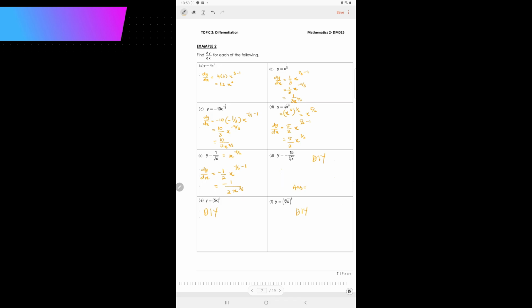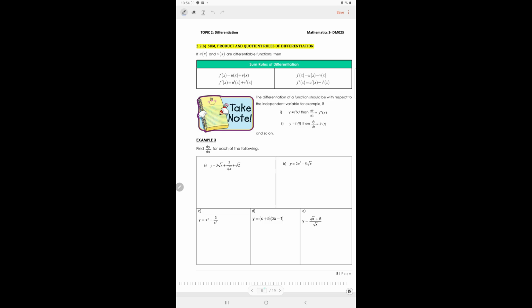So the answer will be 3 over x power 6 over 5, and then 50, this one, x, and the last one, the answer is 5 over 6 x power 1 over 6. Okay, that's it.